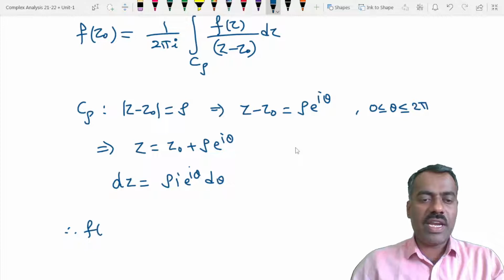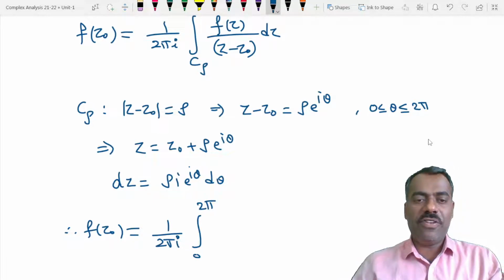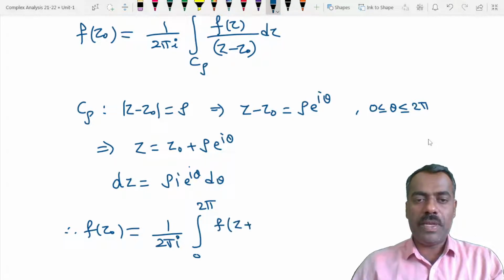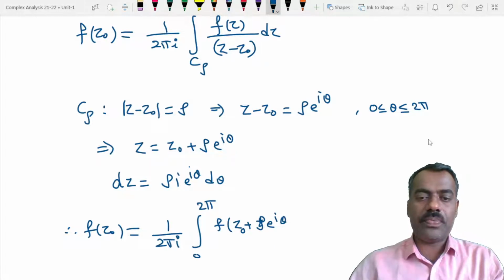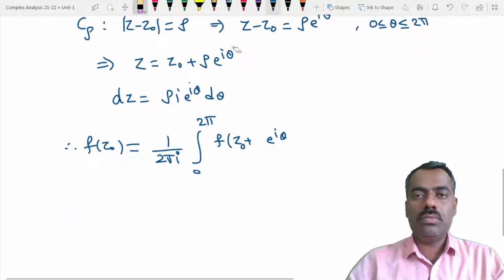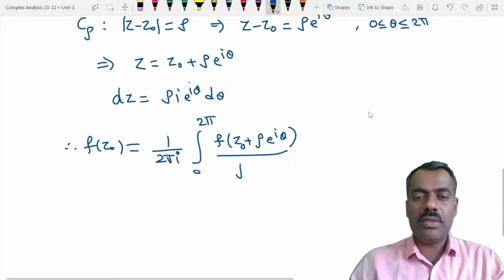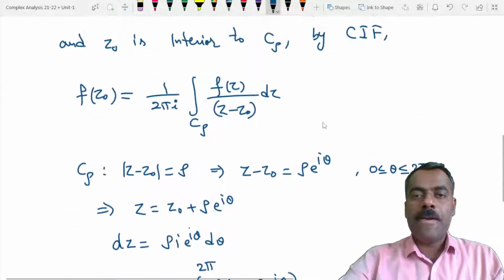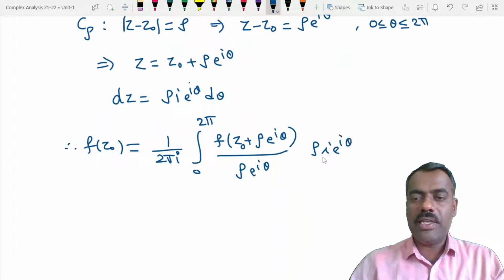So therefore f(z0) is 1 by 2 pi i times the integration, now from 0 to 2 pi because theta is from 0 to 2 pi, of f(z0 + rho e^(i theta)) upon z - z0, that is rho e^(i theta), into dz. What is dz? dz is rho i e^(i theta) d theta.